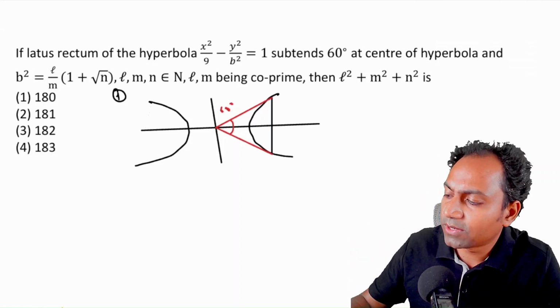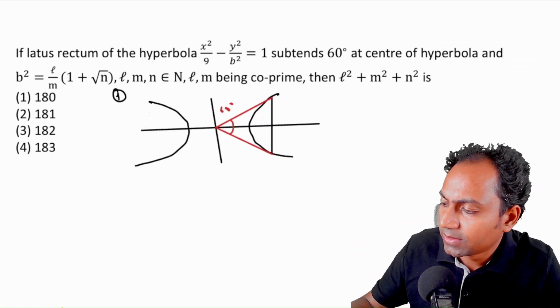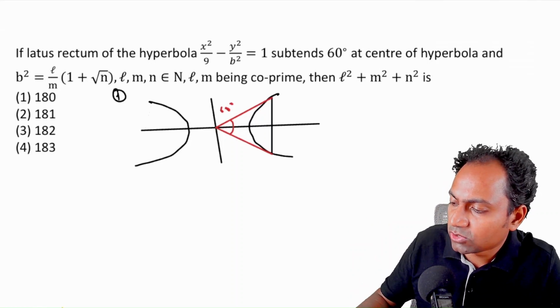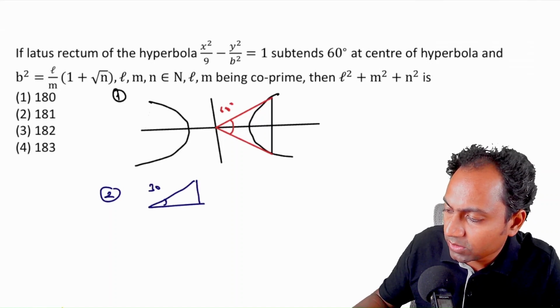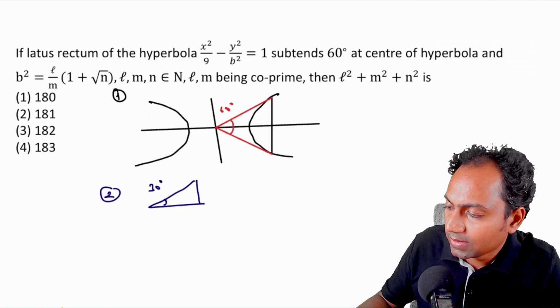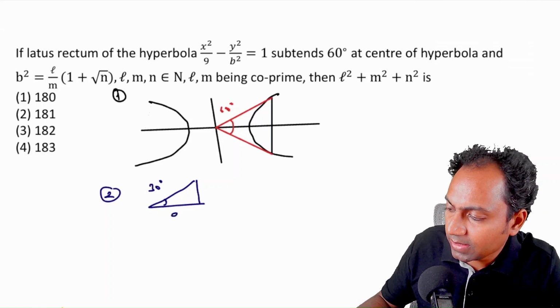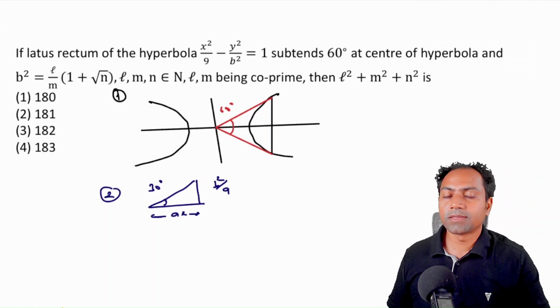Now it is not a very difficult question, because if I consider this geometry, half of this triangle, if I draw half only, this angle will become 30 degrees. This distance is nothing but ae. And you can see that the height will be nothing but b square by a. These are the things that we know.